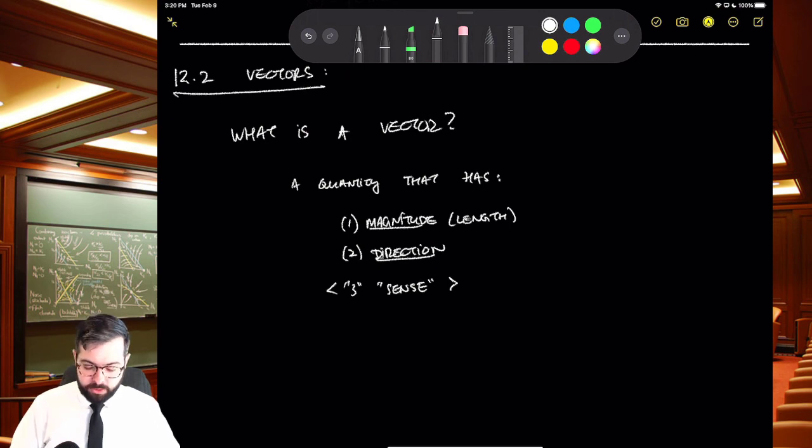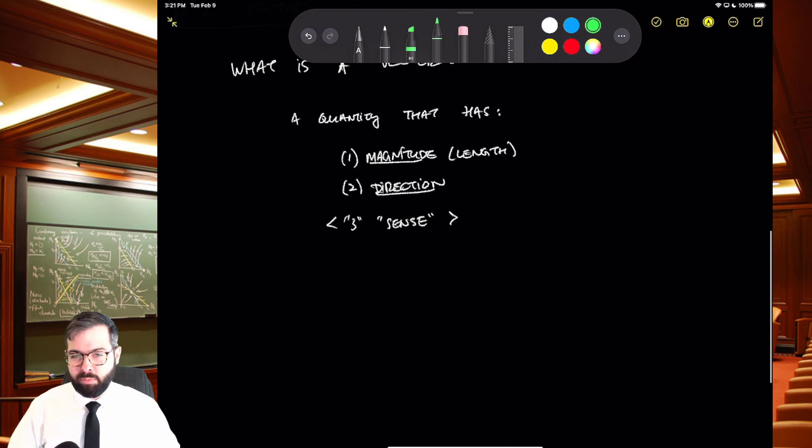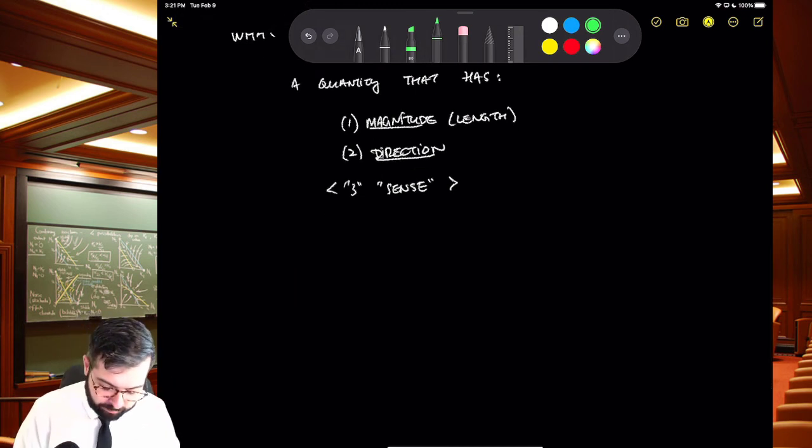Okay? So this makes it different, and now you have to classify in your heads. Now I know two different types of quantities. One that I've been working with my whole life, and this new idea of vectors. Okay? And again, we're pretending that you haven't heard of vectors before.